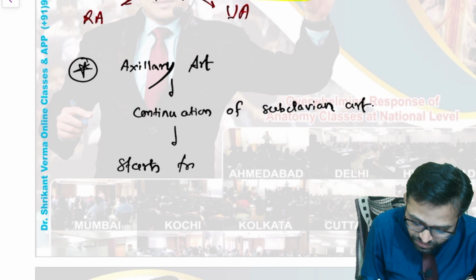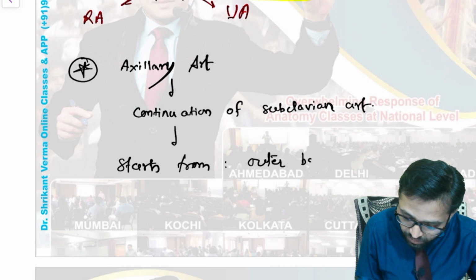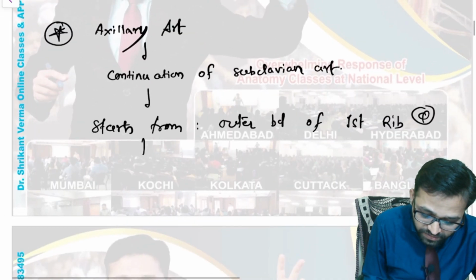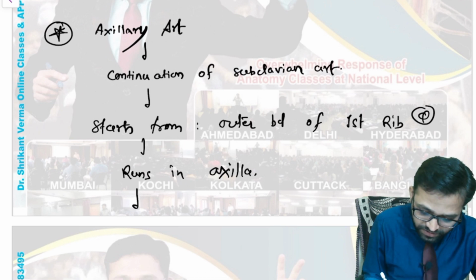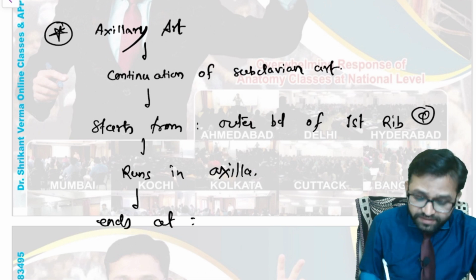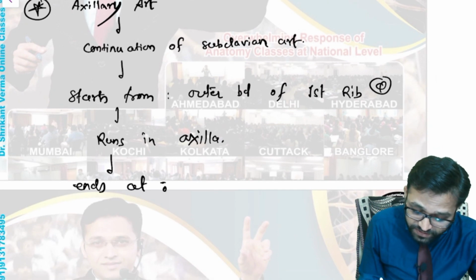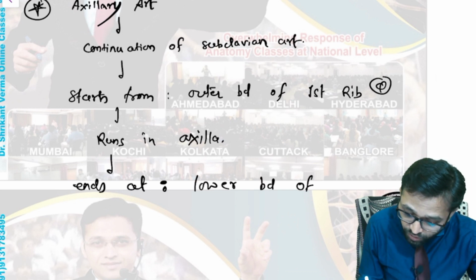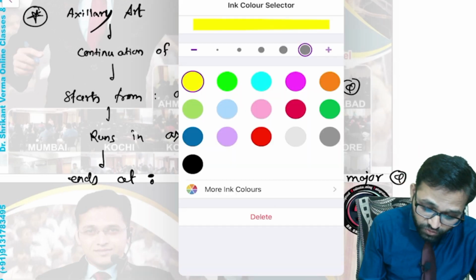It starts from the outer border of the first rib, then runs in the axilla, and then ends at the lower border of the teres major muscle. Getting the point? It ends at the lower border of the teres major.